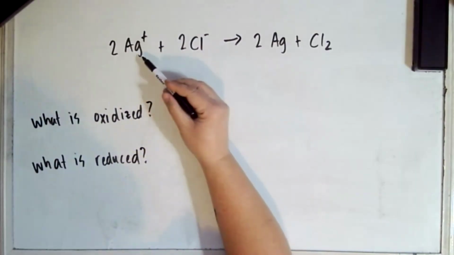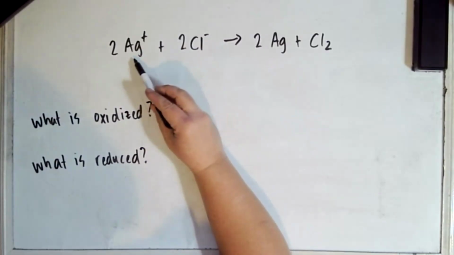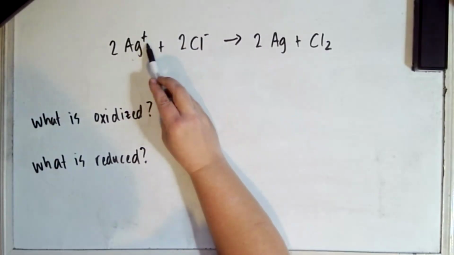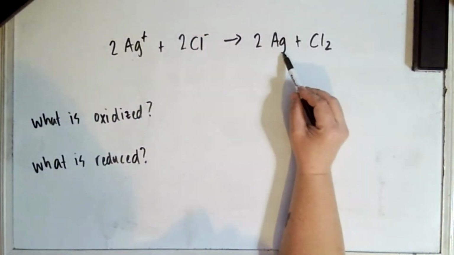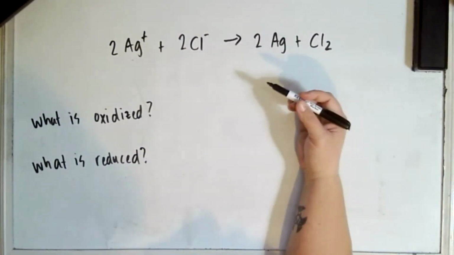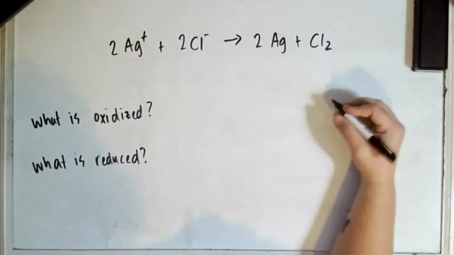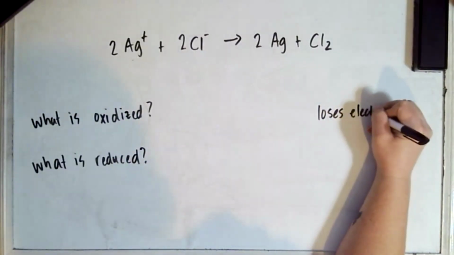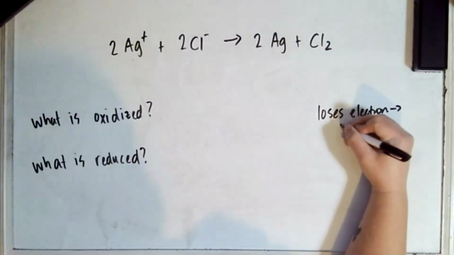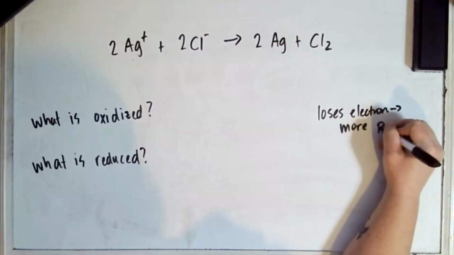All right. But we have to ask ourselves, if we have an Ag with a plus and it turned into an Ag that's got no charge, did it gain an electron or did it lose an electron? If it loses an electron, that means it's going to get more positive.